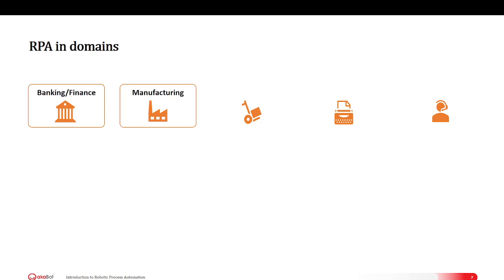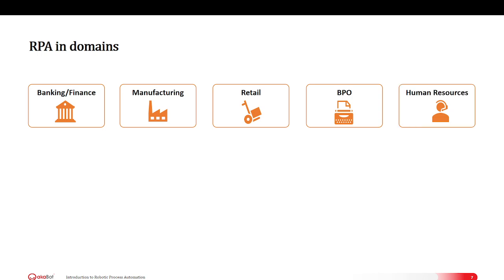That is very helpful if we are still unsure about RPA efficiencies. Now, we can understand where it can apply. RPA in domains: banking and finance, manufacturing, retail, BPO, human resources.